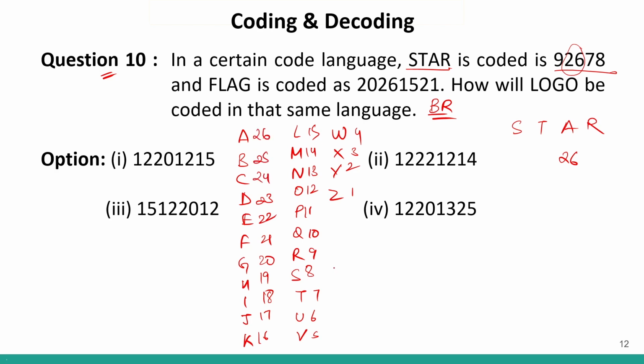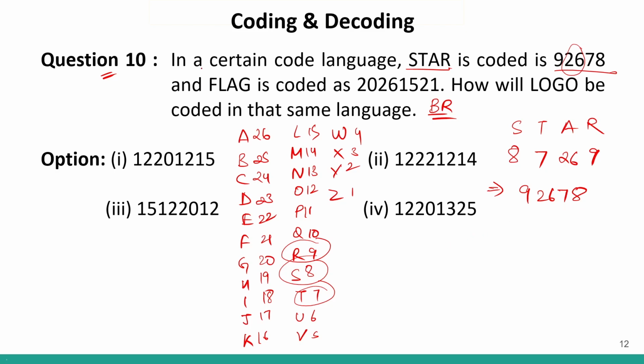These are your backward ranks. So for A it is 26. For R it is 9. For T it is 7. And for S it is 8. So now if I write them in reverse order, it will be 9, 26, 7 and 8. This is the code. So basically backward ranks and then reverse.